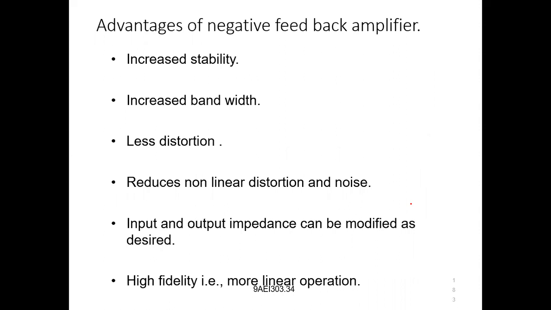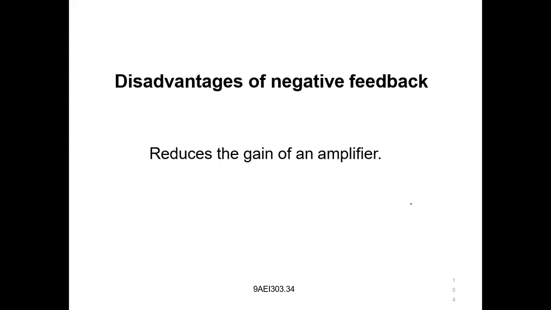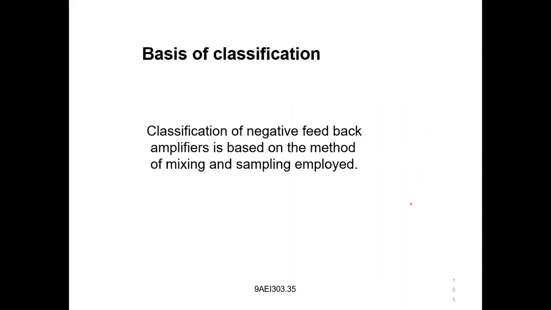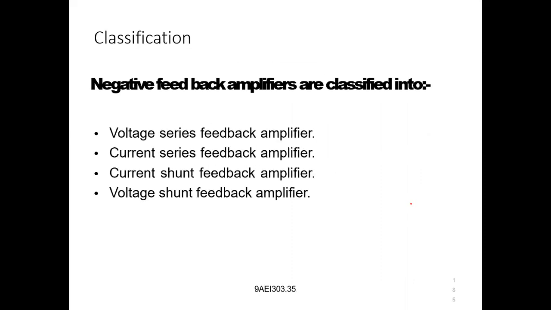The advantages of a negative feedback amplifier are stability, less distortion and high fidelity. The disadvantage of negative feedback is that it reduces the gain of an amplifier. The basic classification of negative feedback amplifiers is voltage series, current series, current shunt, and voltage shunt. That means how we take the output feedback and how we feed it to the input.